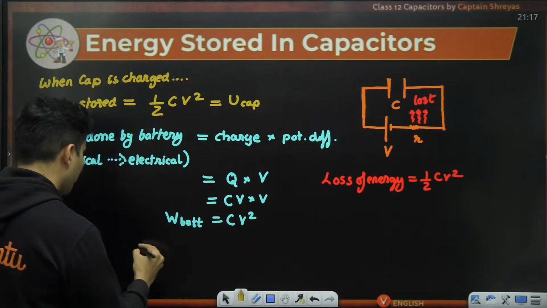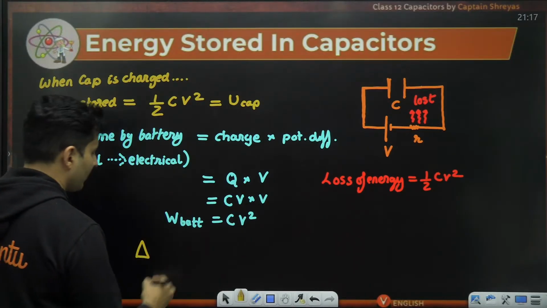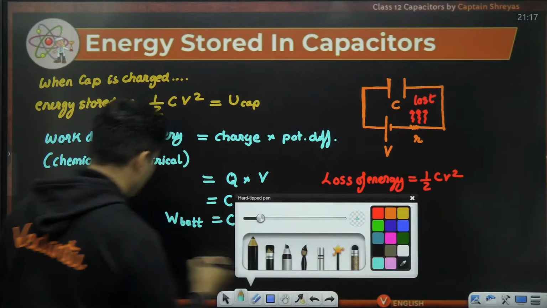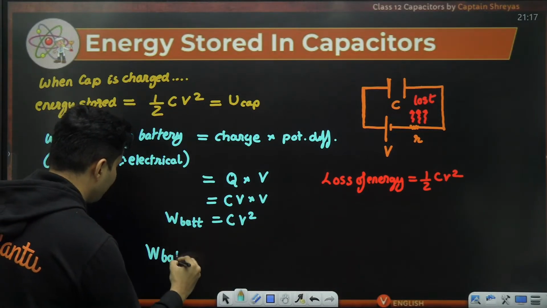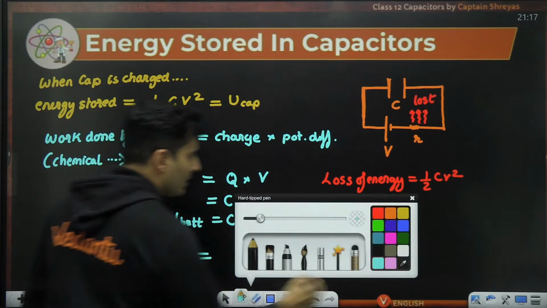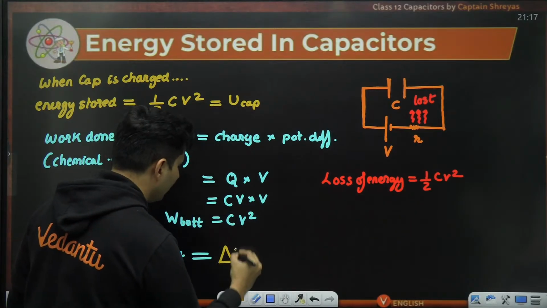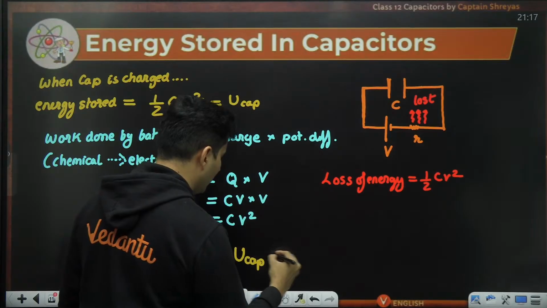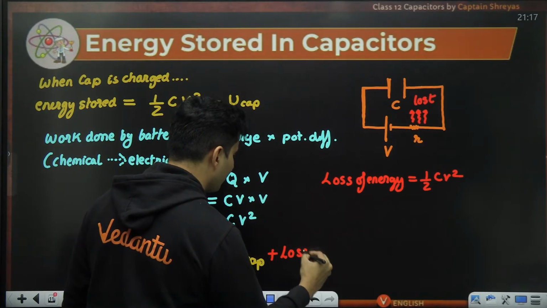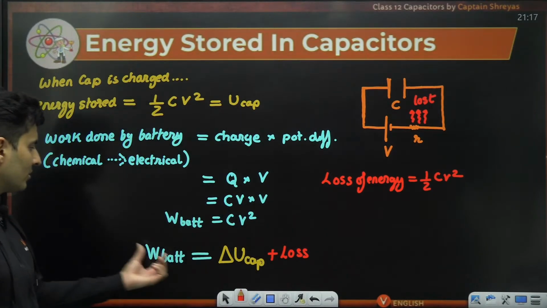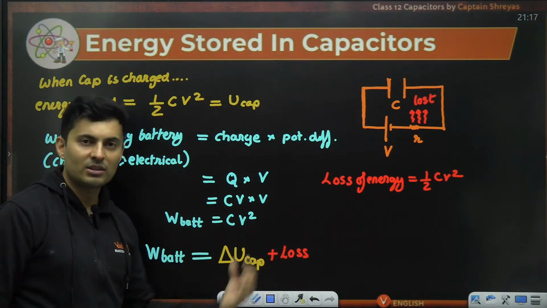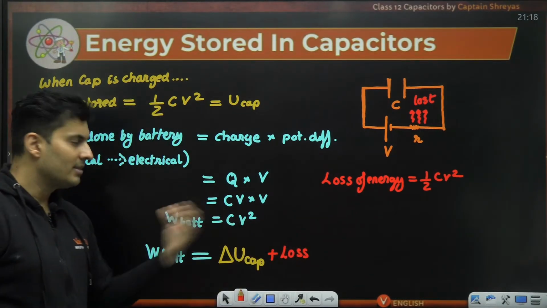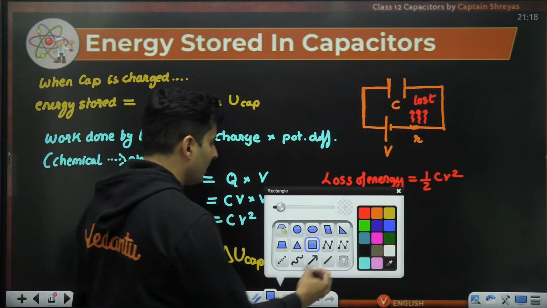Like I can say that the work done by the battery is how much ever the energy changed in that capacitor plus whatever amount of loss was there. So this was CV square, this was half CV square, this was also half CV square. Half CV square plus half CV square will become CV square. So this is how the equation is.